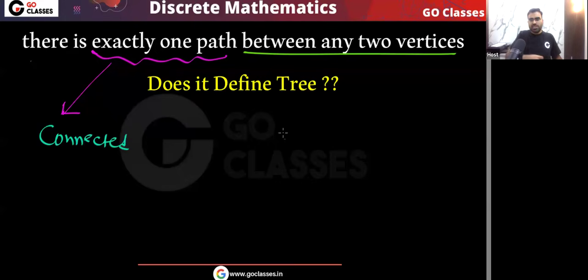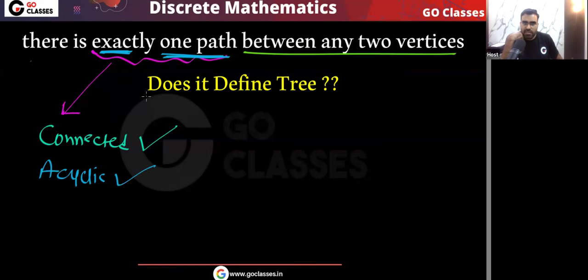Every two vertices have a path between them, so this is connected. And also, because you have only one path between any two vertices, definitely this is acyclic.